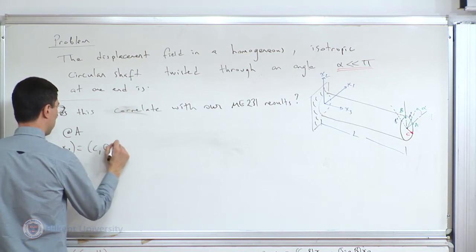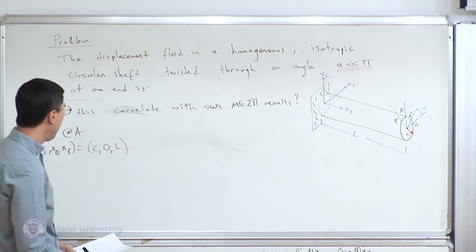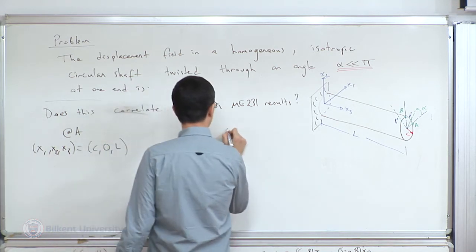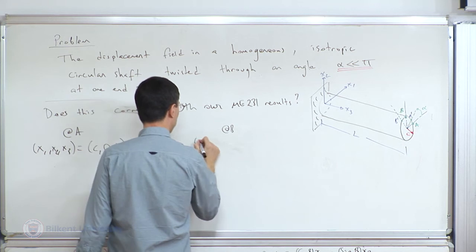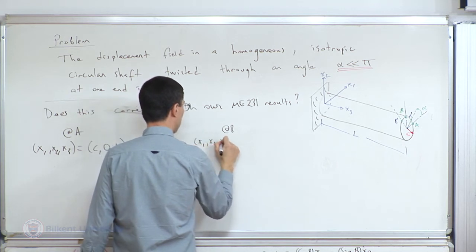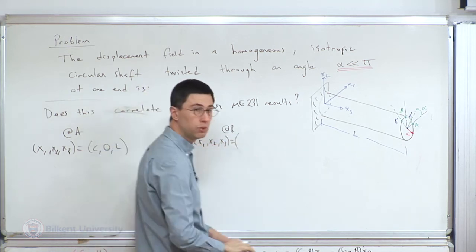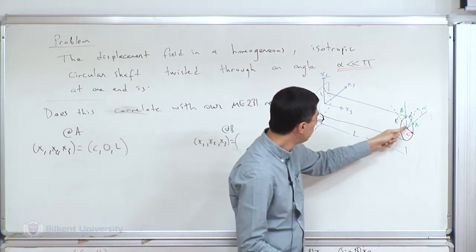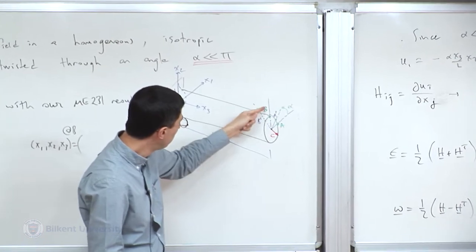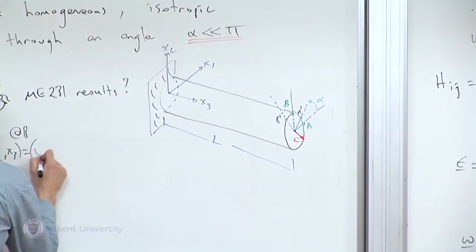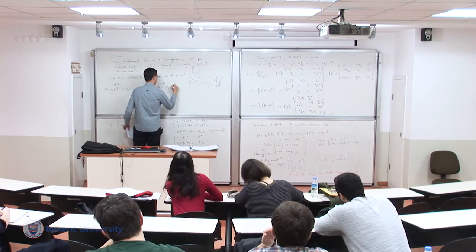And the second point I'm going to look at is B. At B, x1, x2, x3 is equal to (0, c, L).